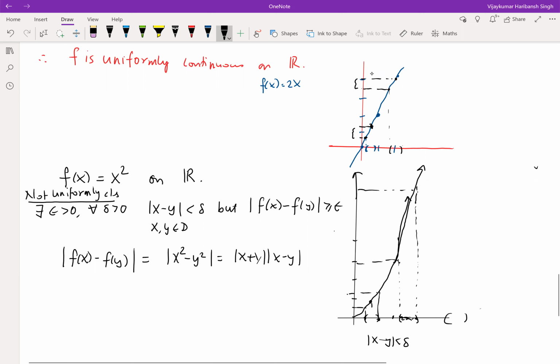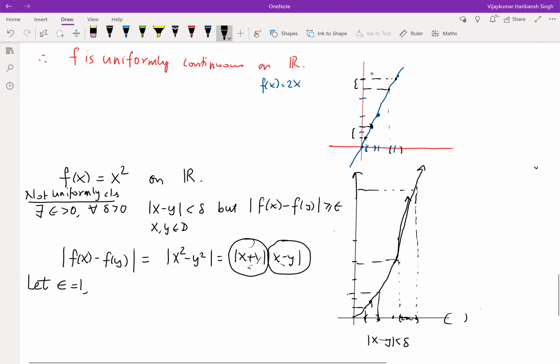So we want to say that for every delta, if x minus y is less than delta, this factor x plus y can blow up. This can be really very big, right? So we'll choose the following way. Let epsilon be anything you want. In particular, let epsilon be 1.